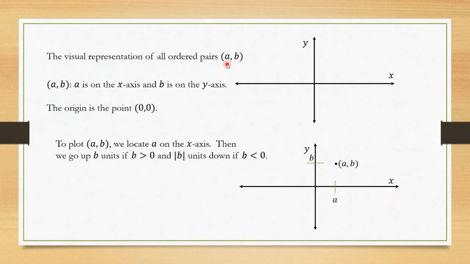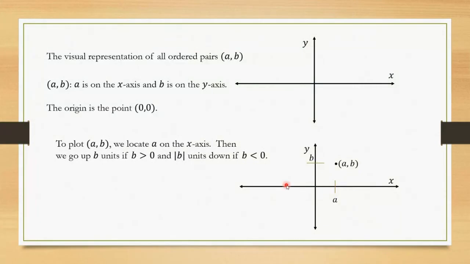Now, how do you actually plot an ordered pair of numbers in the Cartesian plane? That's what this is for. The whole idea is you locate A on the x-axis. You could also think of it as starting at the origin, and then you're moving to the right A units if A is positive.